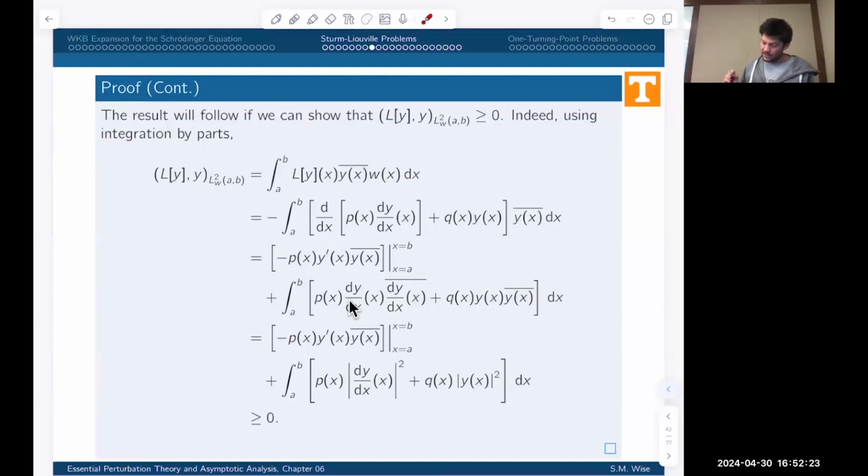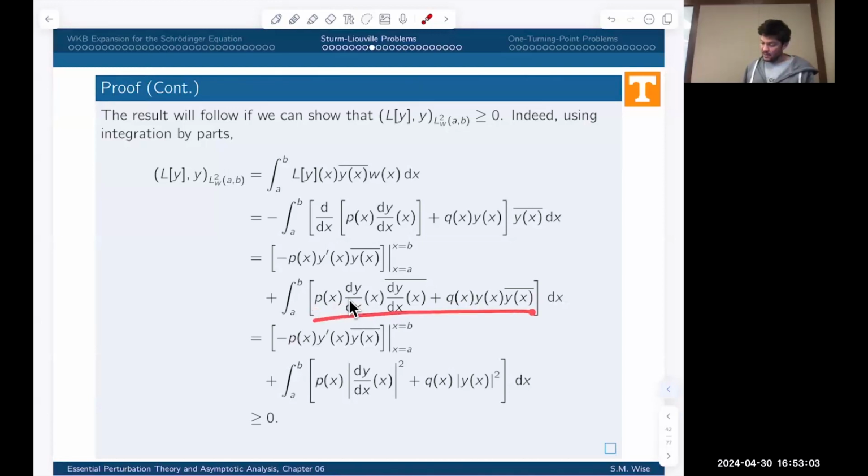I'm just going to do it once. So you get this term when you do one integration by parts. And you're left with this integral here after pulling off that derivative from this divergence form of the operator. And so I get P times this, Q times this. Our assumption was that Q is non-negative. P is always positive by assumption.